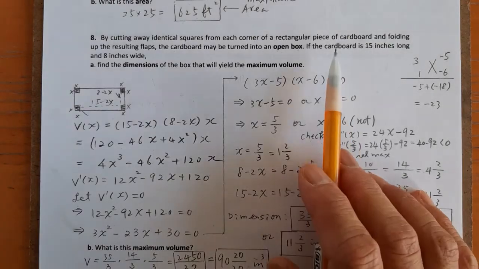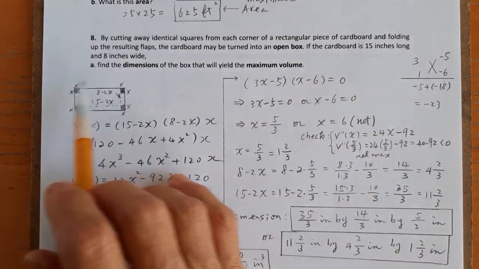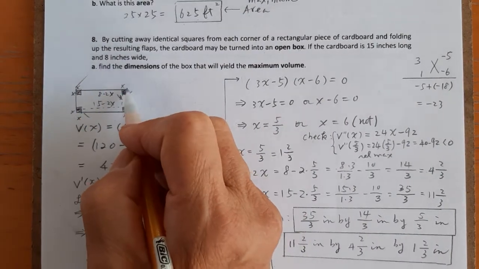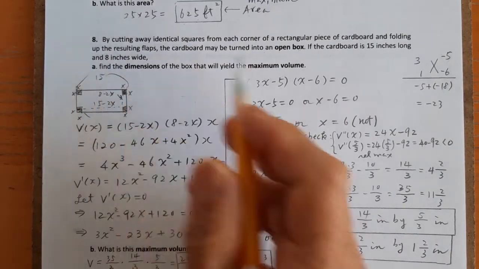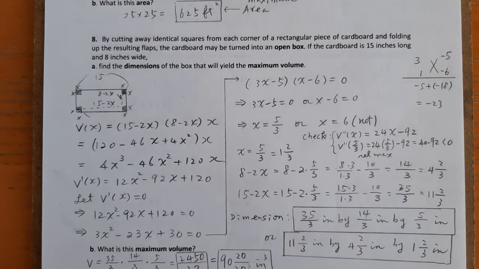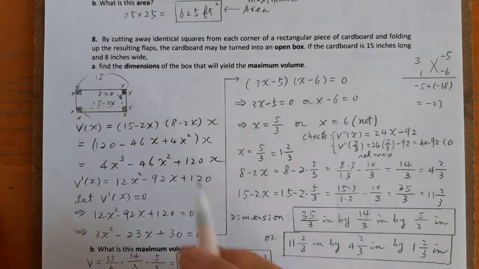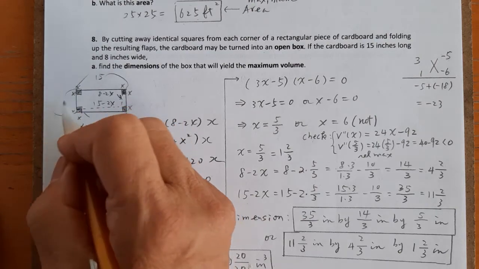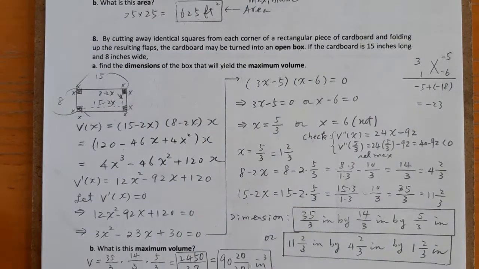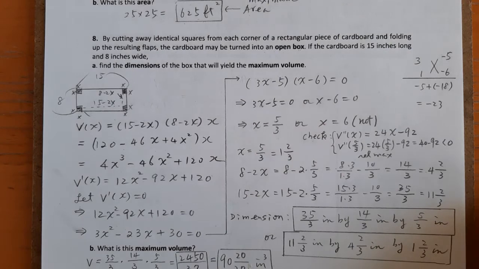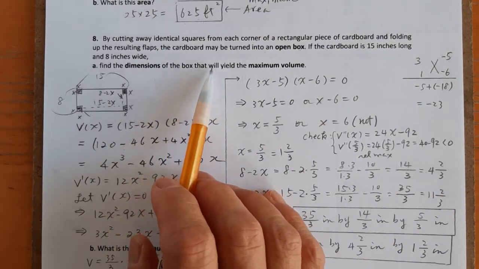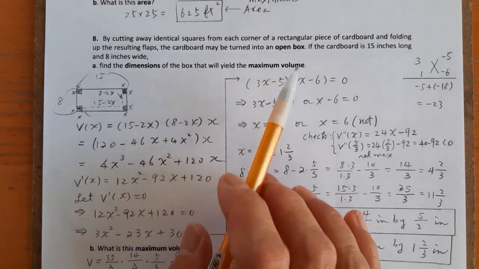If the cardboard is 15 inches long, that means from here to here the cardboard is 15 inches long, and 8 inches wide. So from here to here is 8 inches wide. And then find out the dimension of the box that will yield the maximum volume.